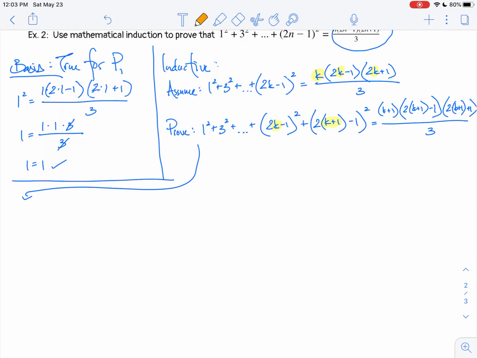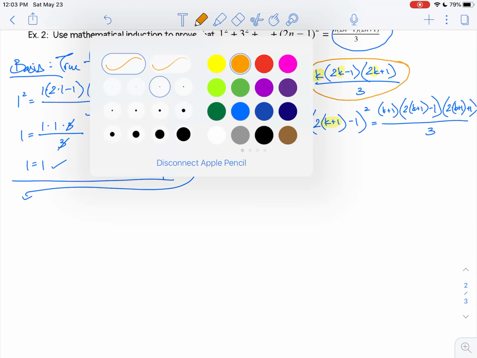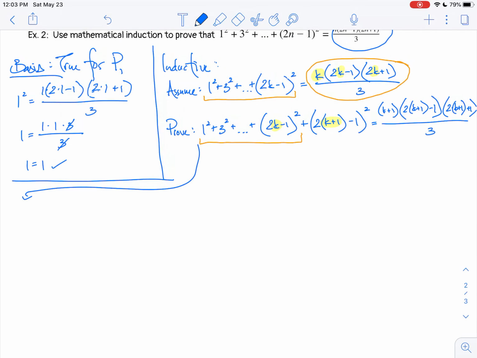Now, very similar to last time, we're going to be able to substitute. So everywhere I see this, I can replace it with k times (2k minus 1) times (2k plus 1) over 3. That means all of this gets replaced with the things circled in the orange.